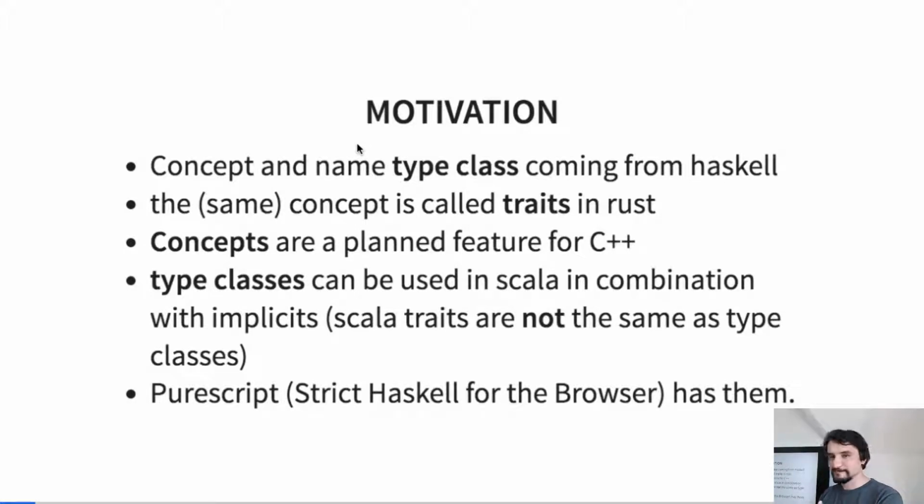They are not type classes. They are just called traits, but they are not the same as Rust traits. Rust traits are much more similar to type classes in Haskell, for example. And then there's also PureScript, which has them, which makes sense because it's more or less Haskell for the browser, and it compiles to JavaScript.